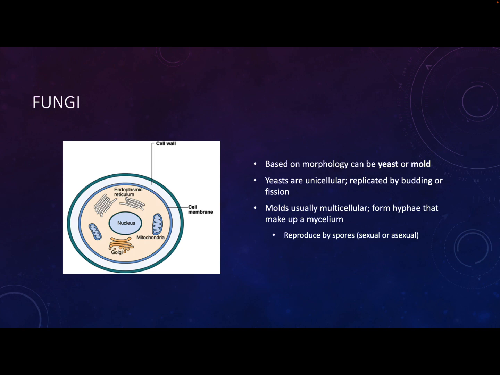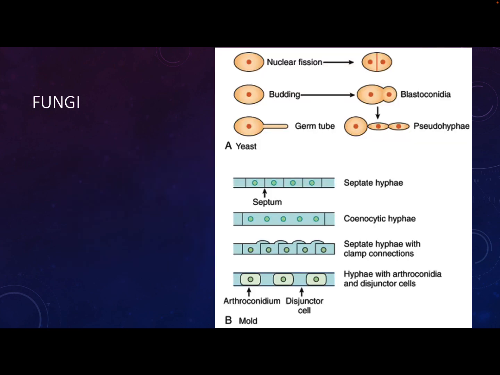And they can reproduce by spores, and they can reproduce sexually or asexually. They do what they want. Some fungi can be dimorphic, so they'll go back and forth between yeasts and elongated forms. So here are some of the structures that you can see.